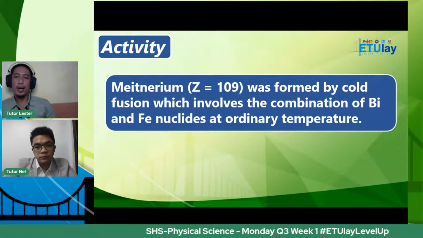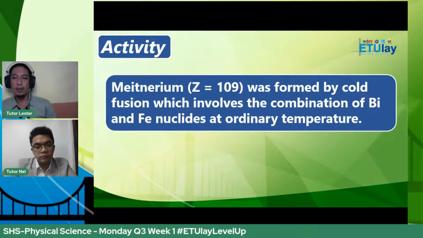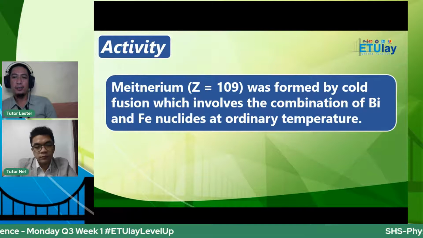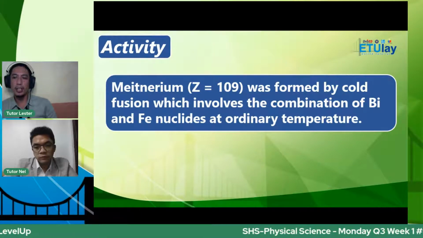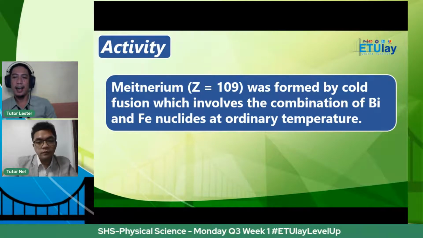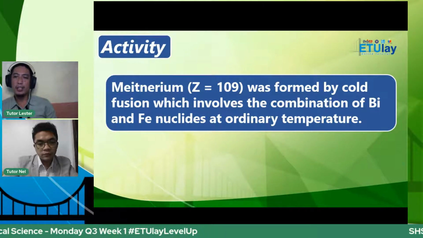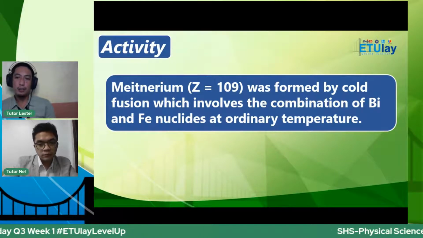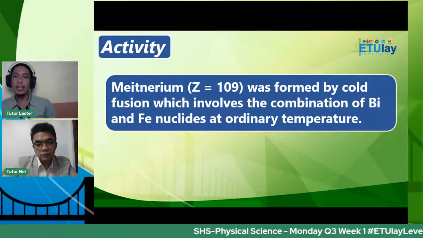And when you had balanced the atomic numbers, balance din po ang atomic weights. Refer to the periodic table po. So look for the atomic weights of the reactants. Then add the atomic weights. So the total of the atomic weights should be equal to the atomic weight of the product.